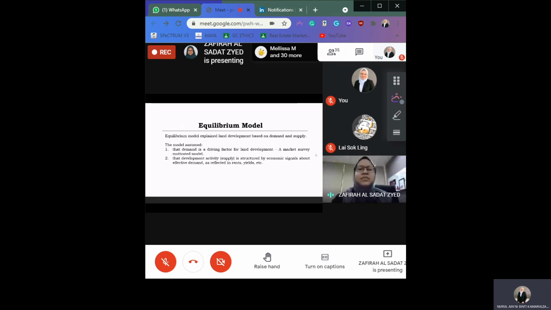So the model assumes that demand is the driving factor for land development, where they use a market survey motivated model. So that's why you have to do market surveys, etc. Whereas development activity supply is structured by economic signals about effective demand as reflected in rents, yields, etc. So it's like the balance, right? Equilibrium means balance. You balance the demand and the supply.